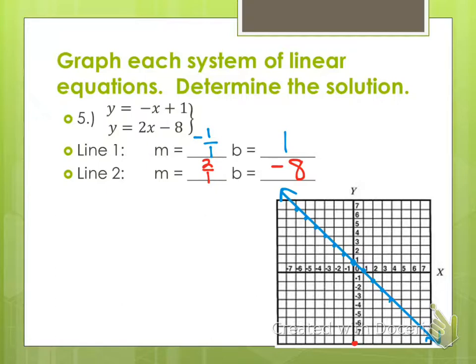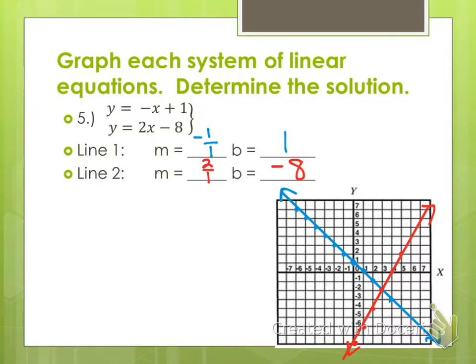So I'm going to go up how many? 2, and over which way? 1. To the right. Up 2, right 1. Keep doing that several times to get a nice good line going there. Then we can plot the line on the graph. Once again, I traced over the same point twice. That's why it's helpful to put lots of points on your graph when you graph these.